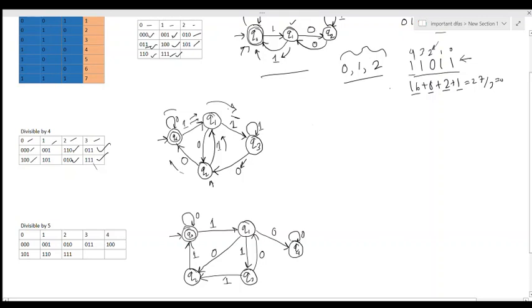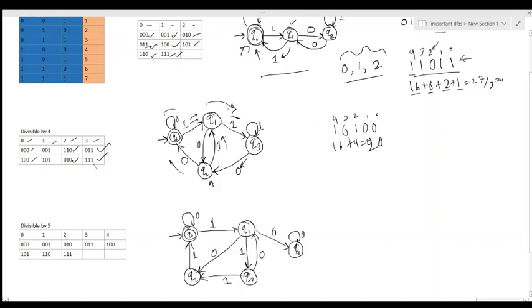As we did in the previous DFA, take another string and check the DFA. We can verify this DFA with a given string like 1 1 0 1 0 0. So this is 0 1 2 3 4, 16 plus 4, that is 20, which is divisible by 4. So let's see what happens.